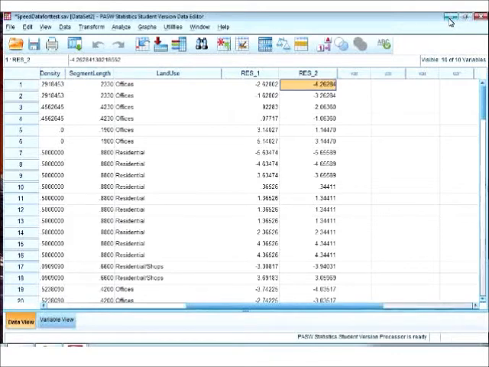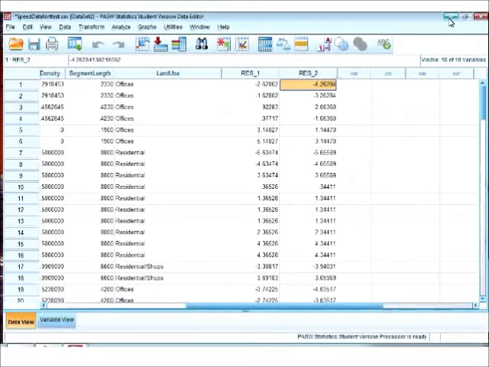What SPSS does, or what the methodology is, is that it develops a regression model between two independent variables. So it takes one independent variable as a dependent variable and keeps the other as an independent variable. It conducts a regression analysis, and then it comes up with the value of R square.